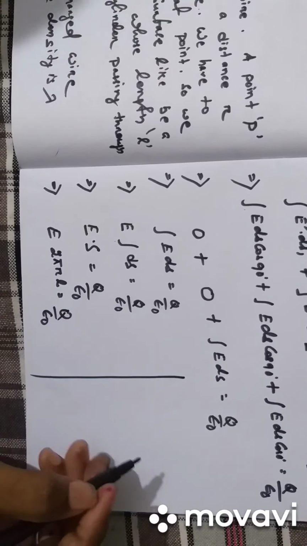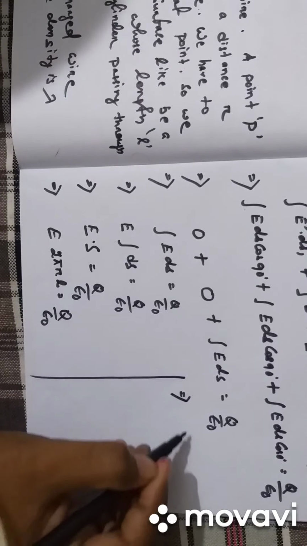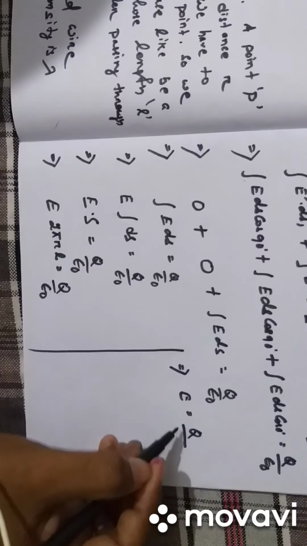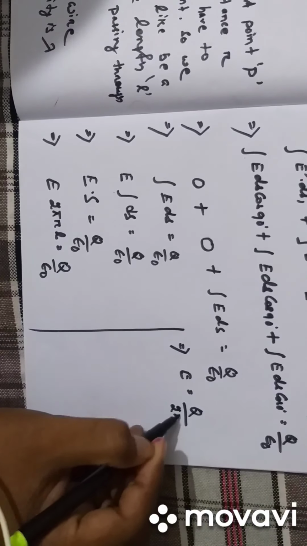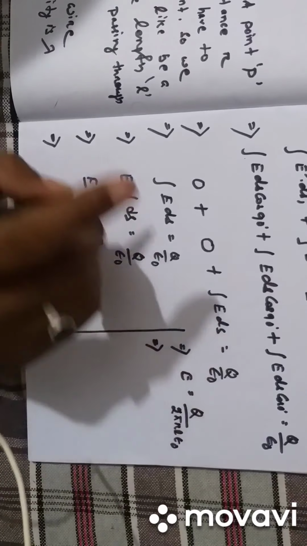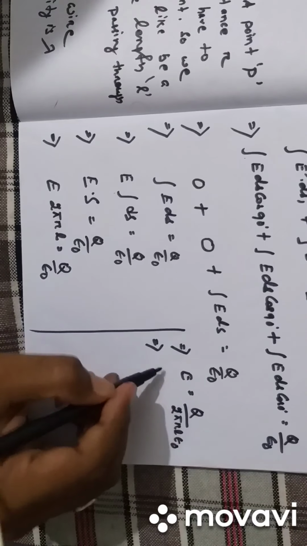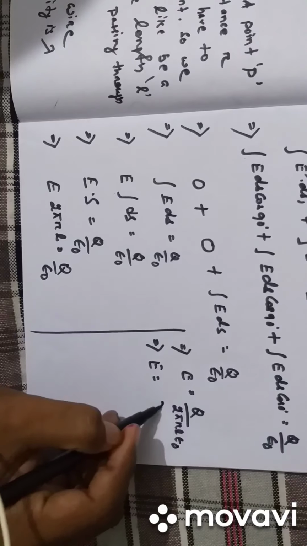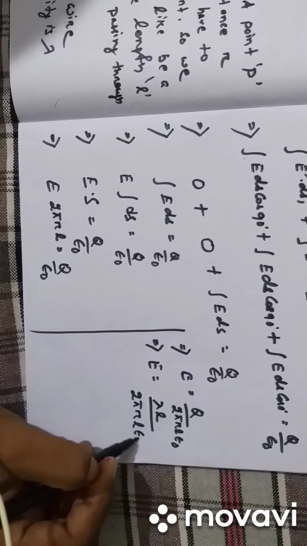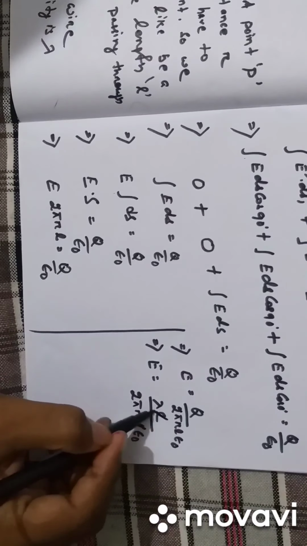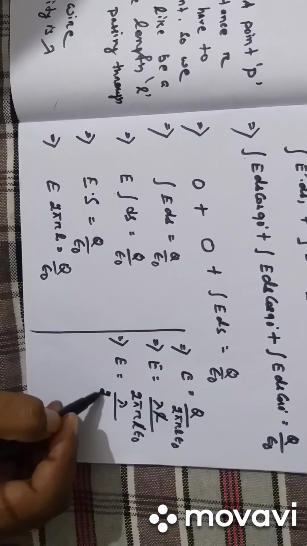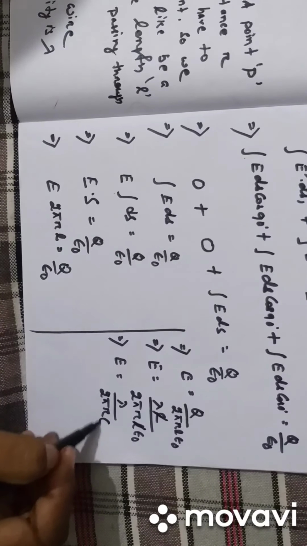That implies E equal to q divided by 2 pi r L epsilon naught. From equation 1, q can be represented as lambda times L. So E equal to lambda L divided by 2 pi r L epsilon naught. Here L cancels out, that implies E equal to lambda divided by 2 pi r epsilon naught.